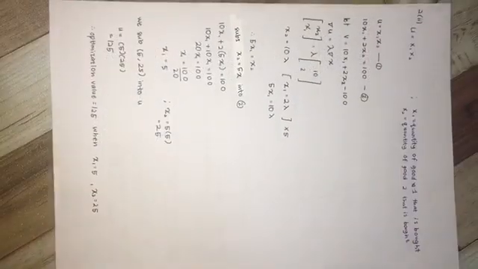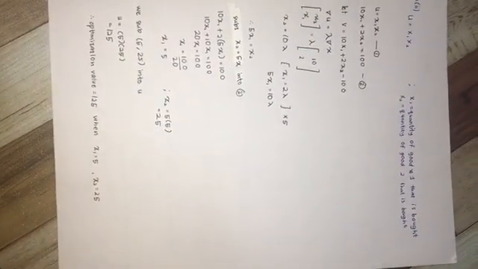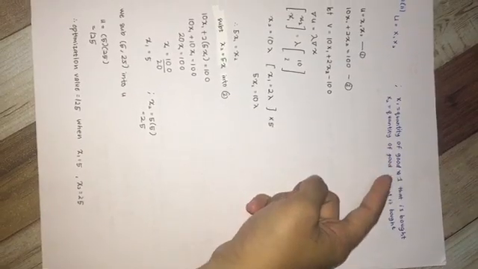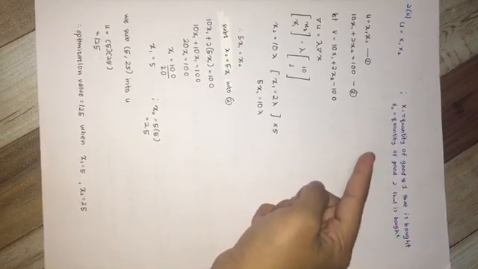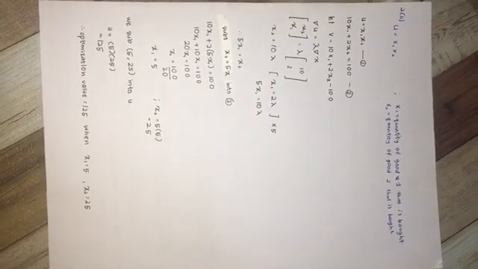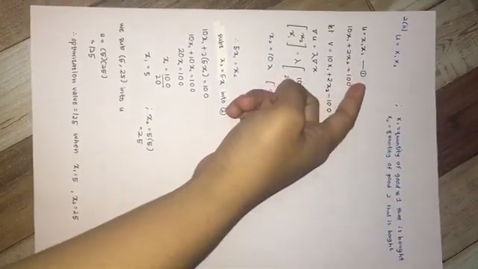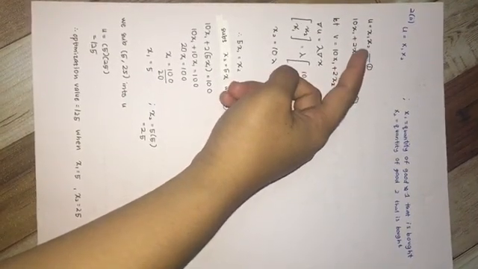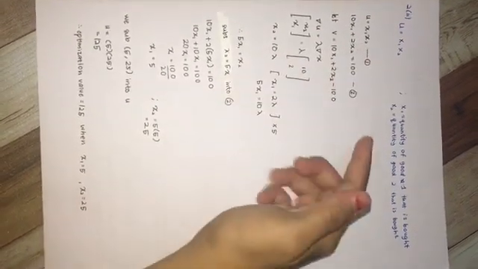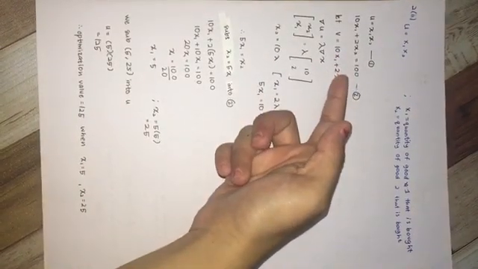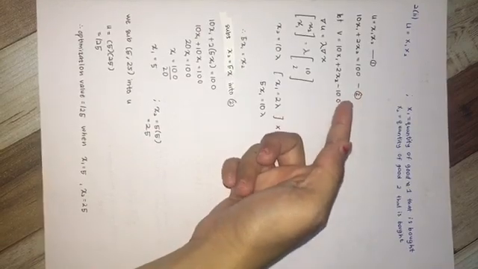For question number 2, given x1 is the quantity of good 1 that is bought, and x2 is the quantity of good 2 that is bought. So we let equation 1 be u equal to x1 multiply x2, and equation number 2 be 10x1 plus 2x2 equal to 100.